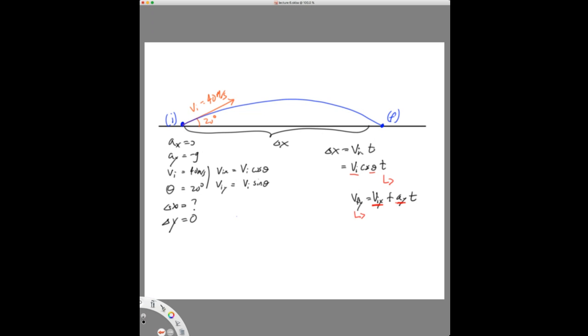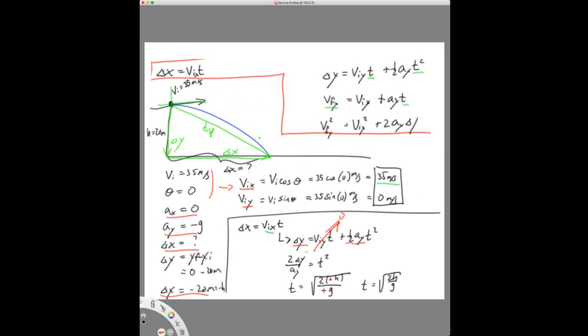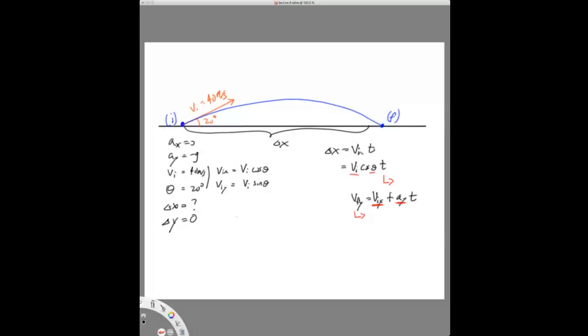So we go back to our equations. There's only one other equation with VFY. So there's absolutely no choice. We have to go to this third master equation. VFY squared equals VIY squared plus 2AY delta y. And then we, again, follow the same procedures.